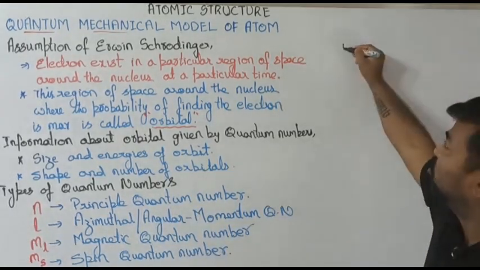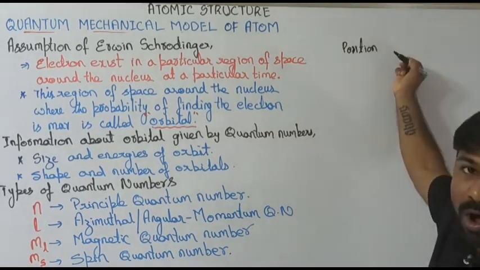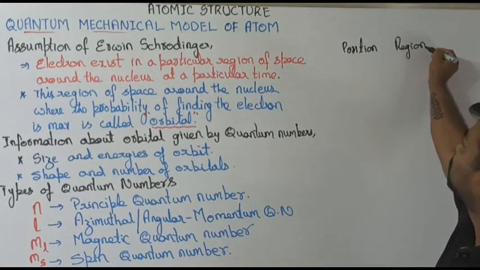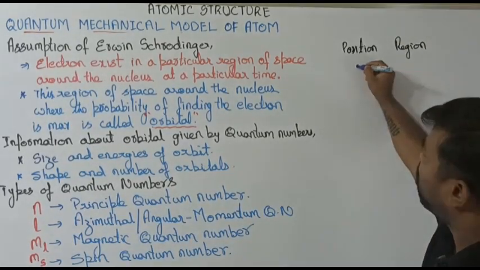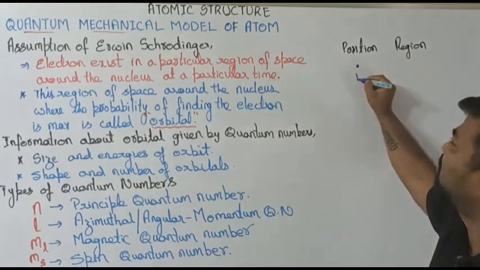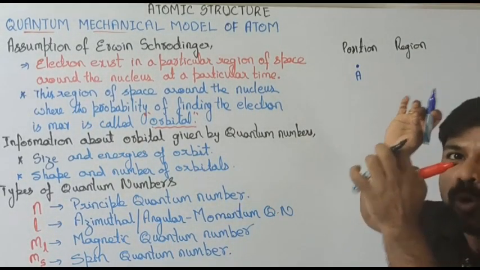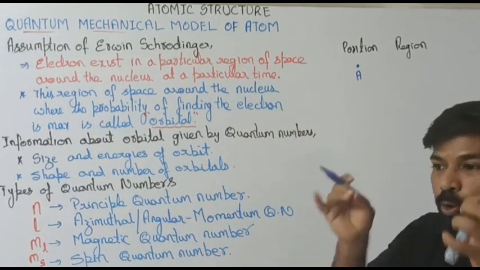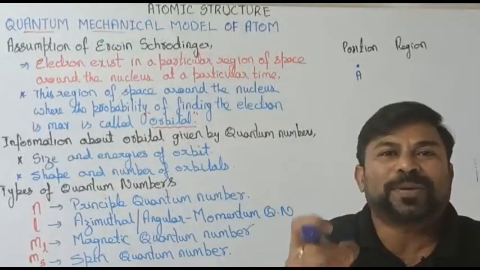What is the meaning of position, or what is the meaning of region? Now, if you have a single point labeled with something, A or B, we call it a position at a particular time. If you specify position, it means exactly one point, exactly fixed space.